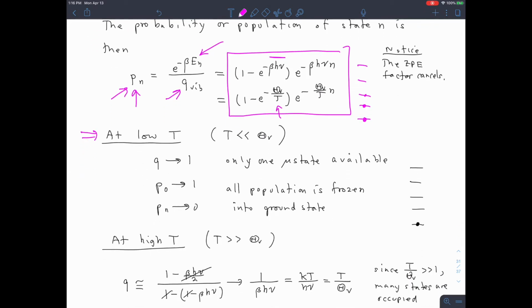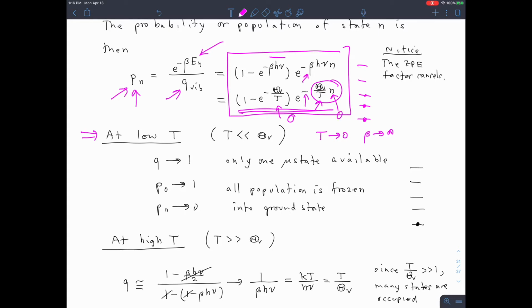As T goes to 0, beta goes to infinity. So if we plug into there, we can get a result. Also, we can plug straight into there and get a result with temperature. And you can see that as T goes to 0, this whole quantity is going to go to e to the minus infinity, which means that this whole thing will go to 0 unless we're in the ground state where n is equal to 0.